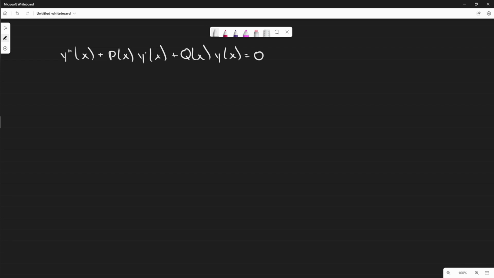And so what we can do is there is a solution to this ODE in which we can express y of x as u of x, where like I mentioned, the whole double substitution, u of x multiplied by e raised to the negative 1/2 times the integral of p of x dx. So as you can see, p of x and q of x must be functions of x, or just functions in general.